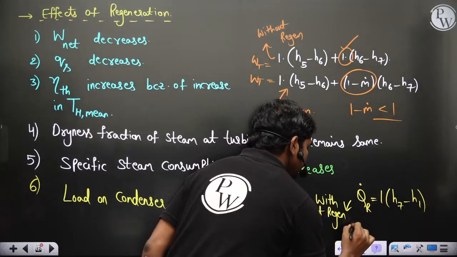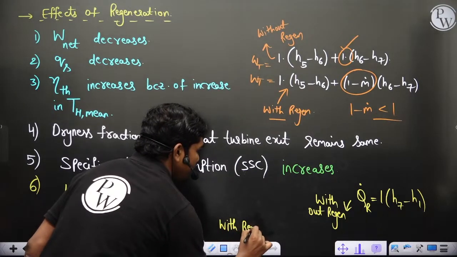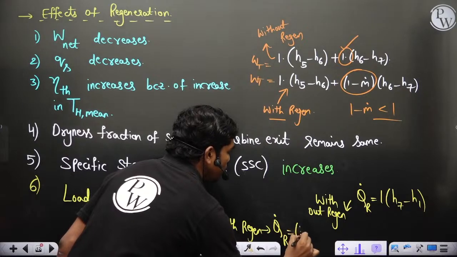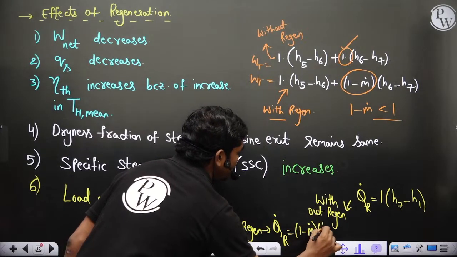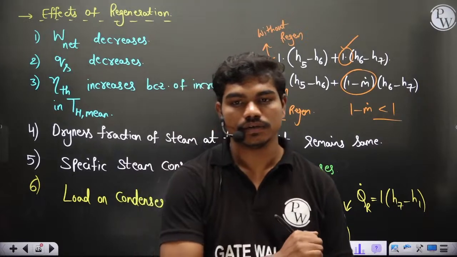Now with regeneration, you can see your Q dot R is going to be 1 minus m dot times H7 minus H1, correct? So what's going to happen to the load on condenser?